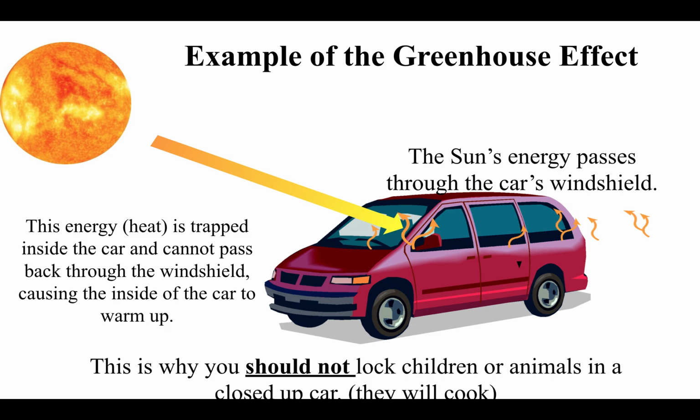Parents will leave their baby or their dog inside as they go grocery shopping and come back to find them dead, completely cooked inside. Greenhouse gases sort of act like a windshield. They cause heat to stay inside. You don't want that to be too strong, otherwise you'll cook.